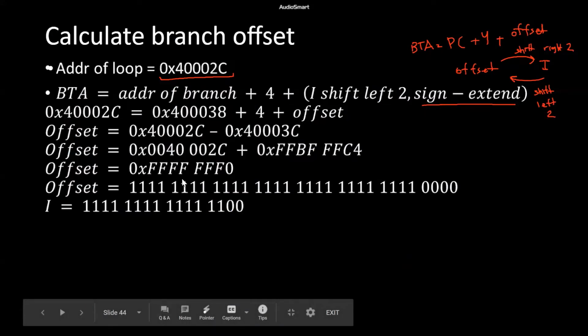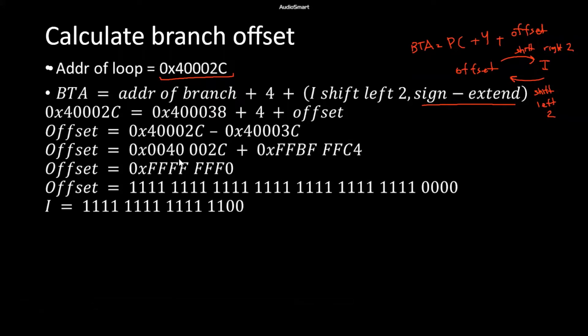So all we have to do, well, you can be kind of smart about it, but if you want to do it properly, you're going to basically convert this to binary. So you are getting all these numbers because f is 1s. And you're shifting your offset, which is this one, to the right by 2. So basically you are getting rid of the last 2 bits.